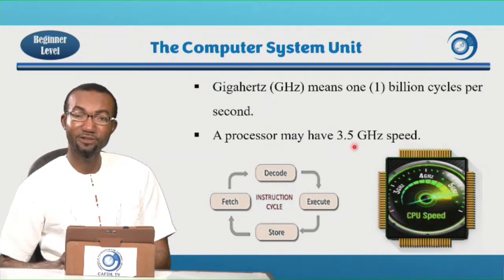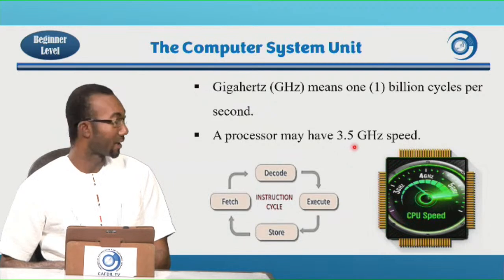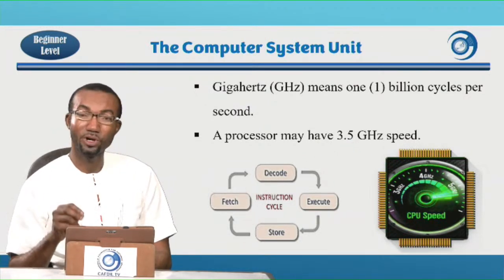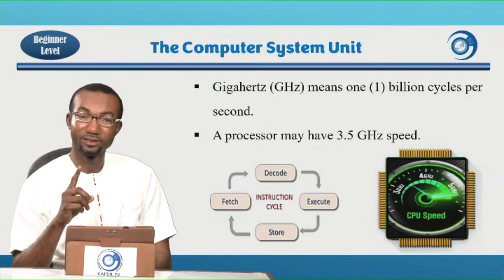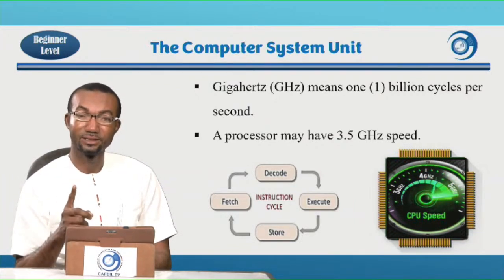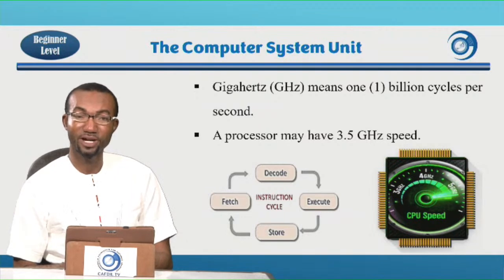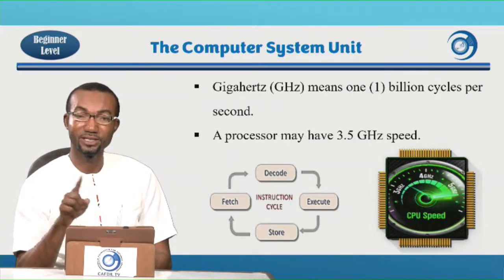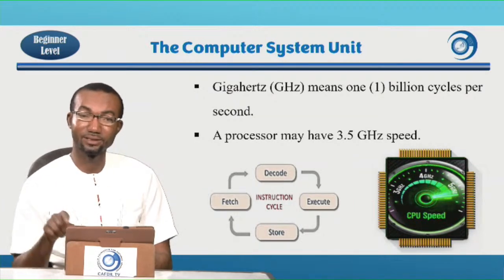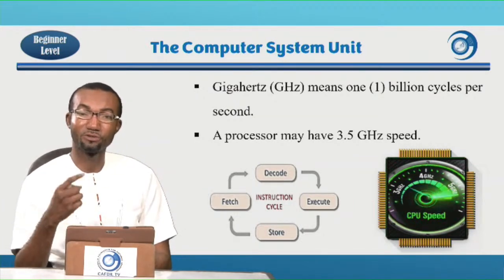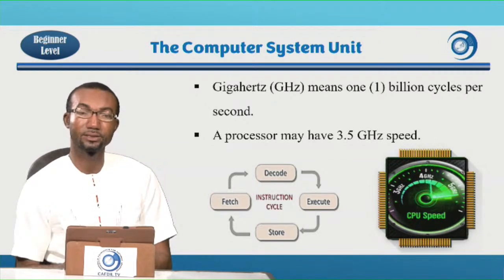So 3.5 gigahertz means that the processor can go through this cycle 3.5 billion times in a second, and it's very quick. So it can fetch, decode, execute, store. That cycle can happen 3.5 billion times in a second.